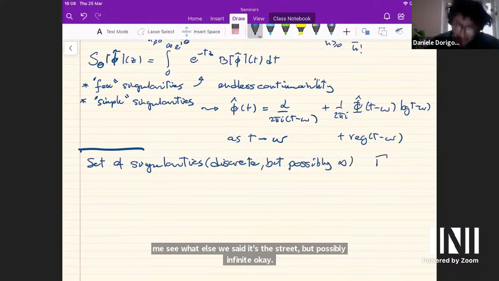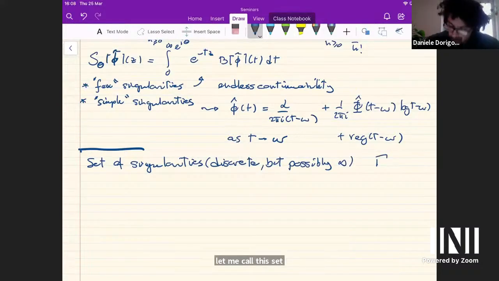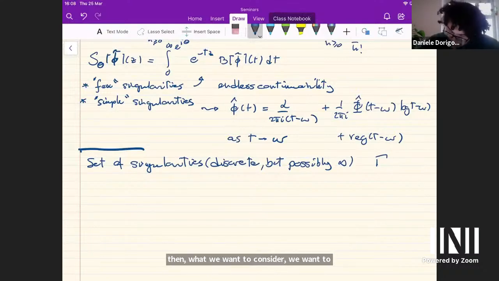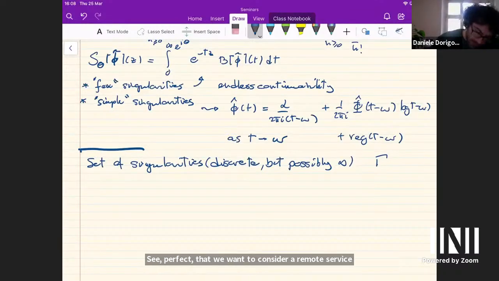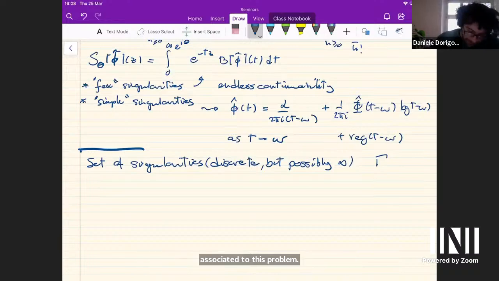And let me call this set gamma. Then what we want to consider is a Riemann surface associated to this problem. So let me call R the Riemann surface associated to the problem.